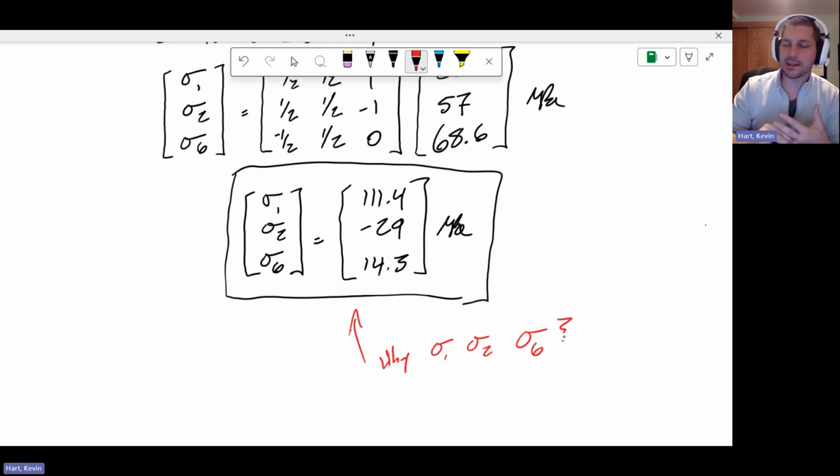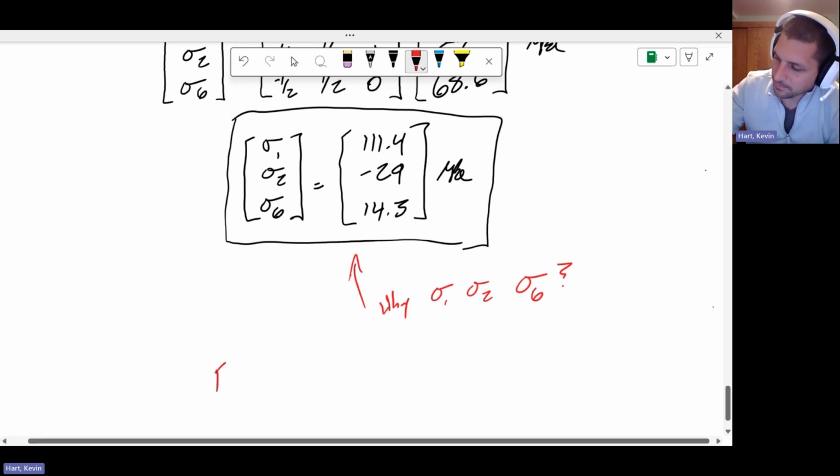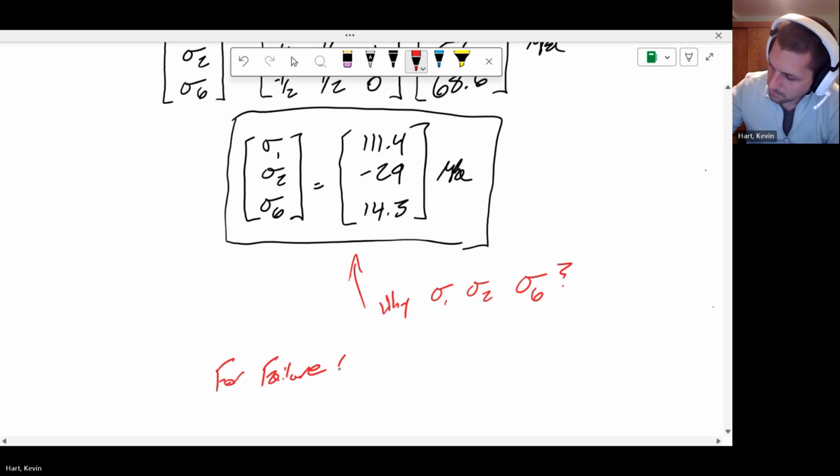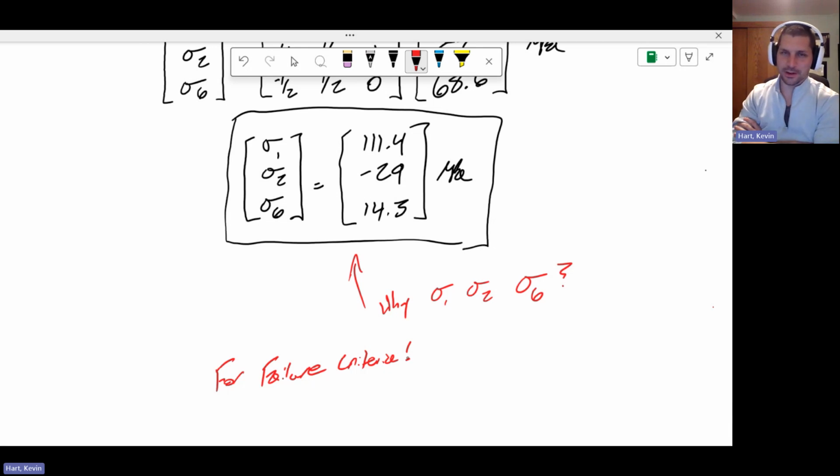Well, we haven't quite gotten to that in this portion of the class, but we use those values for failure criteria. We haven't talked about failure criteria yet, but we're going to very soon.